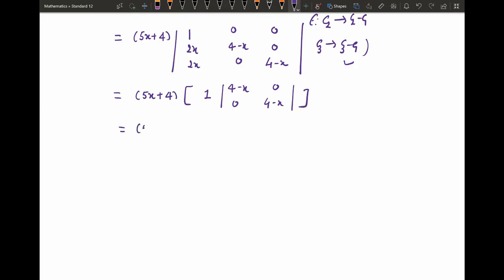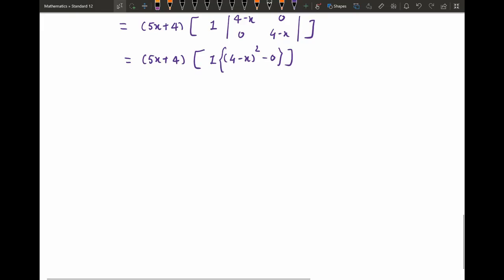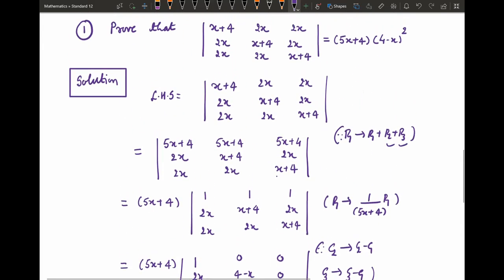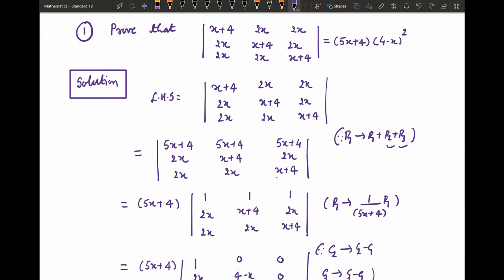So simplification is 5x plus 4, 1 into 4 minus x whole square minus 0. So the final simplification is 5x plus 4 into 4 minus x whole square. You can observe it is our RHS, right hand side. So we have proved the given result.